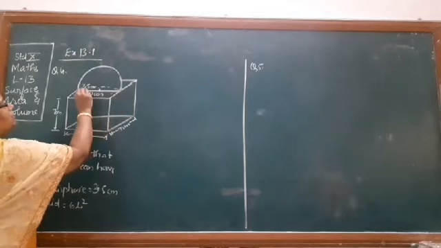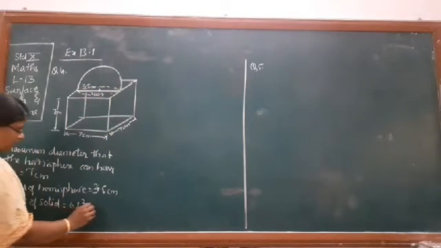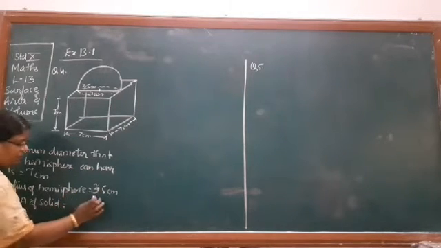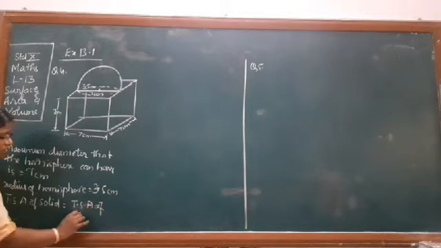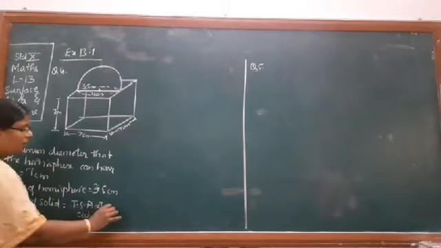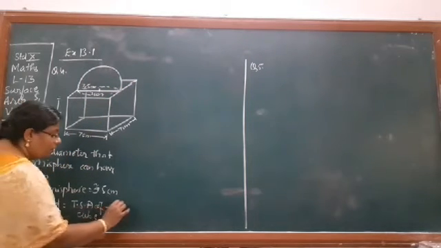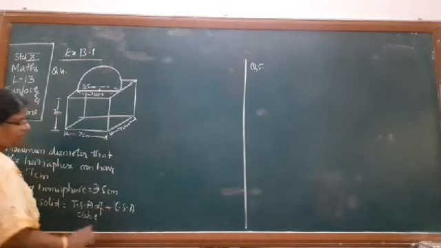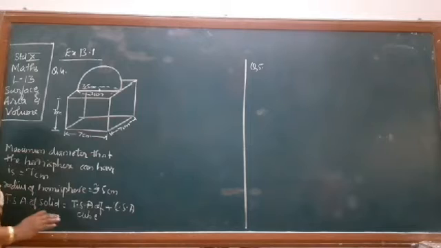First let me write the formula. Total surface area of cube, ठीक है, plus अब total surface area of the hemisphere भी होगा, that is, sorry, CSA, curved surface area. It is only curved surface area. Base हम लोग नहीं लेते हैं.